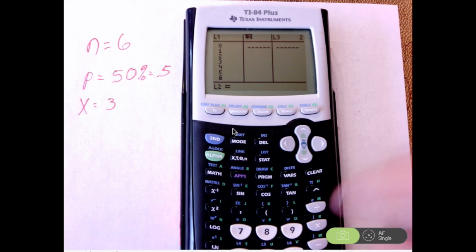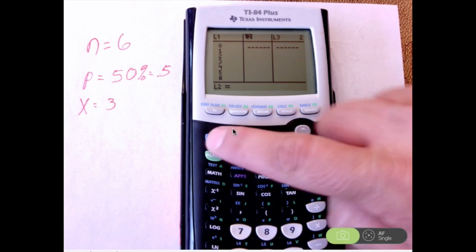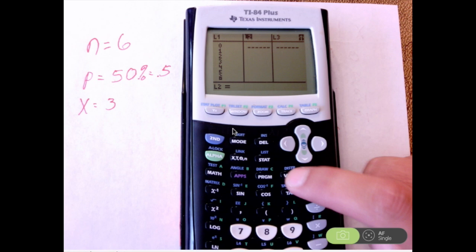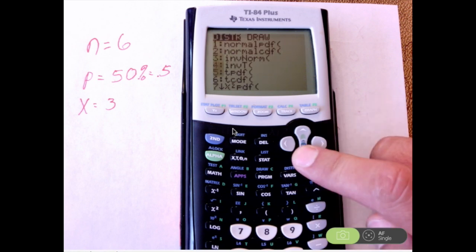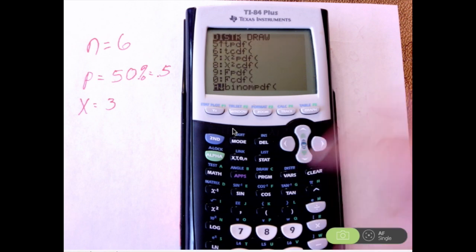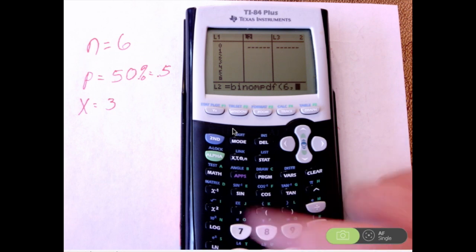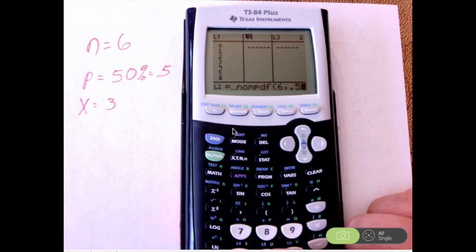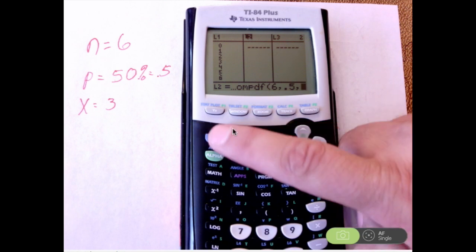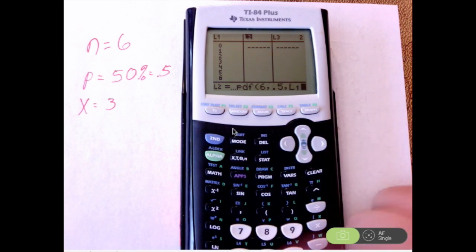So I'm going to go back to my distribution just like before. The first one we're going to do is just the probability of single events, so we're going to use the PDF. Still going to put 6 because that's how many times we flipped, 0.5 because that's my probability. But this time I don't want to find one, I want to find them all. So I'm going to hit second, L1.